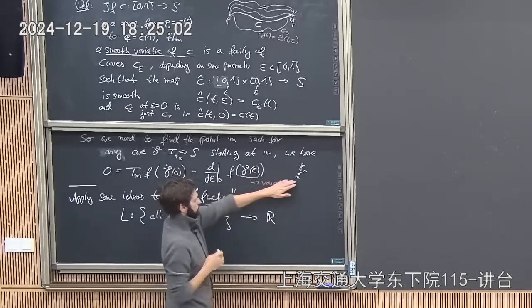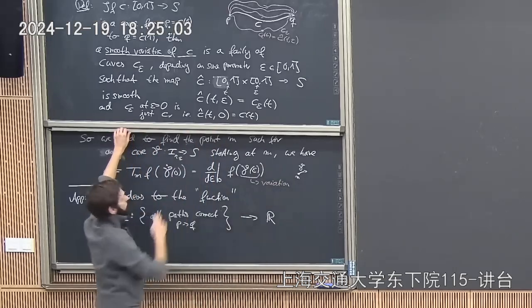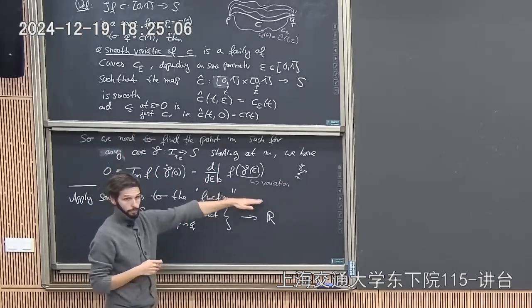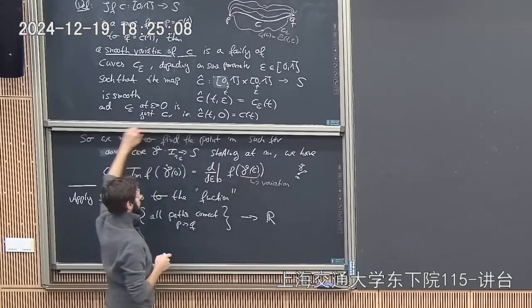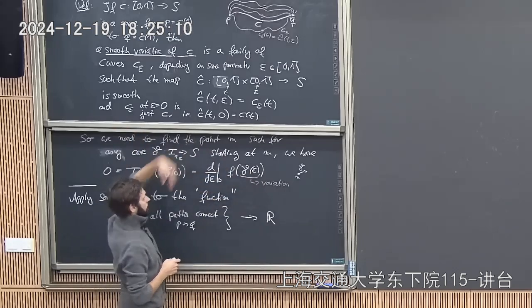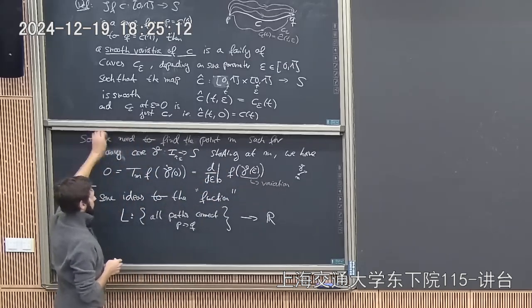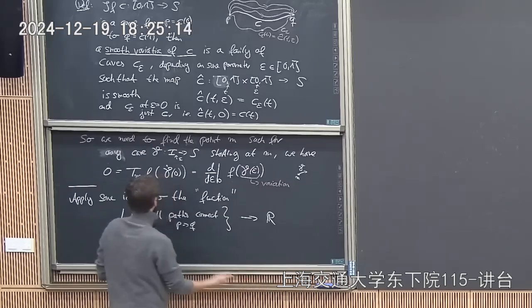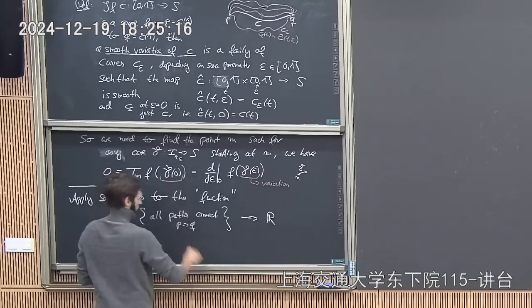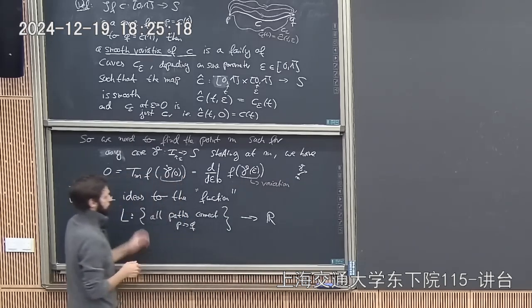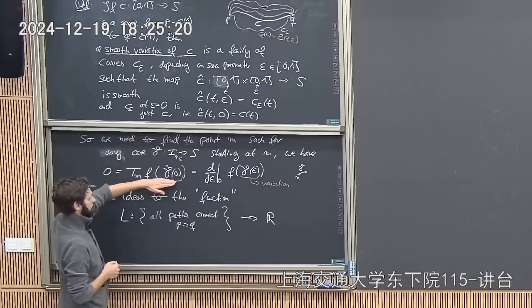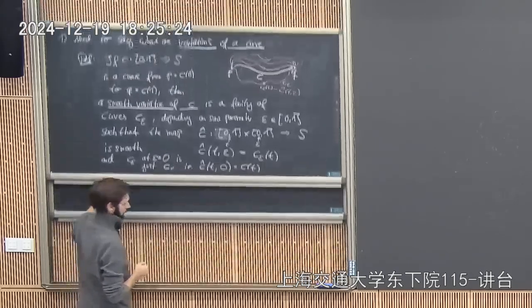Here it's the variation of the point M, but up there we have the analog, which is the variation of a curve. That's something that depends on epsilon and changes the curve. But now we also would like to say what this is, namely the derivative with respect to epsilon at epsilon equals 0, which would be the tangent vector.